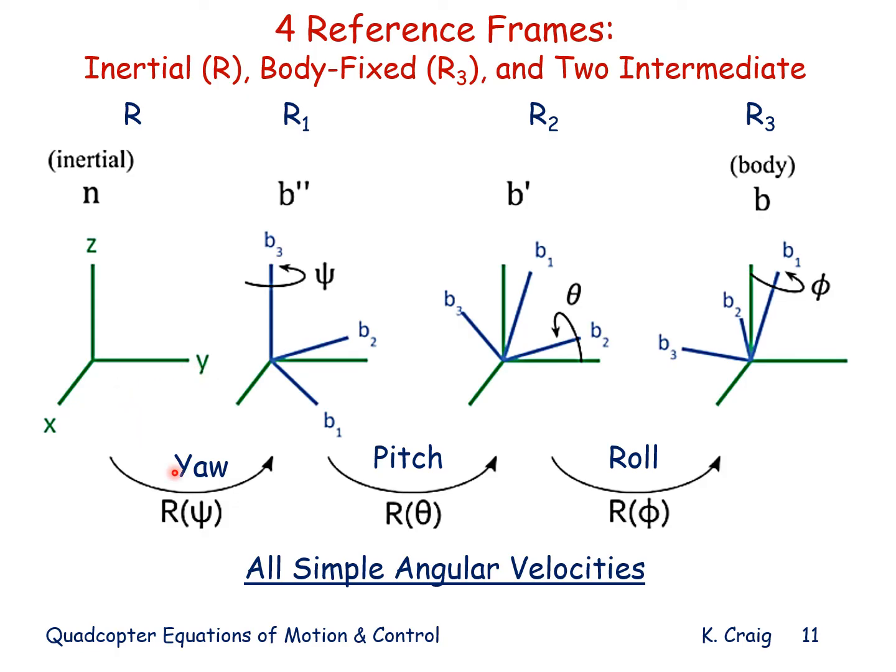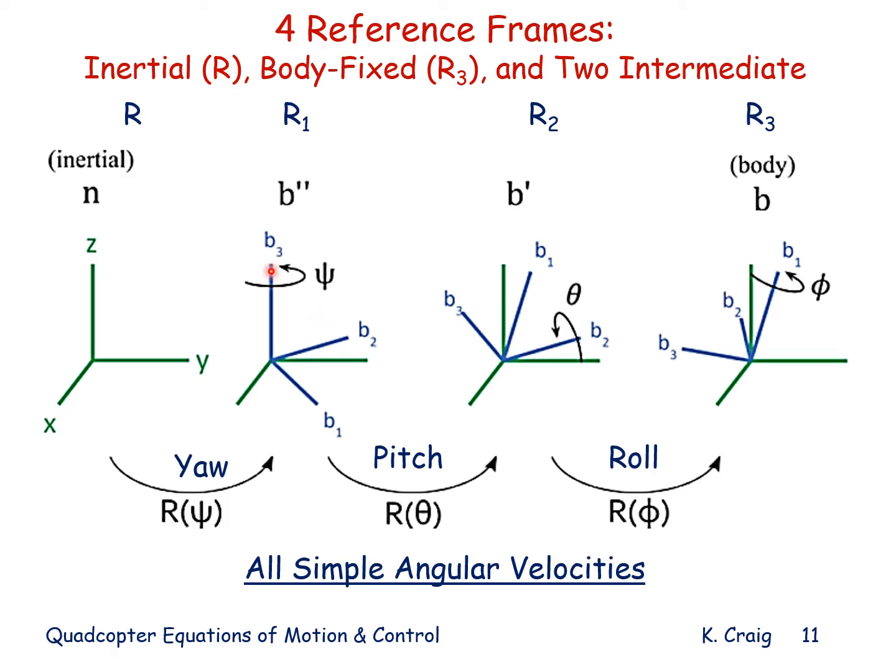The first rotation I consider is what is called a yaw rotation, and it's a rotation about the B3 axis. We see the directions of B1 and B2 are then changed, and they rotate through the angle psi.